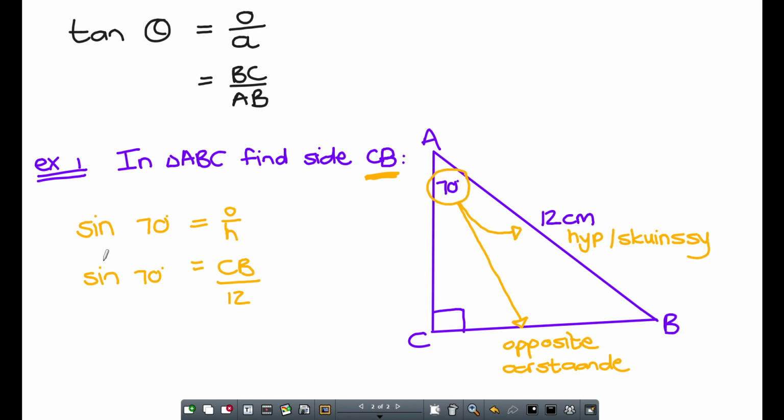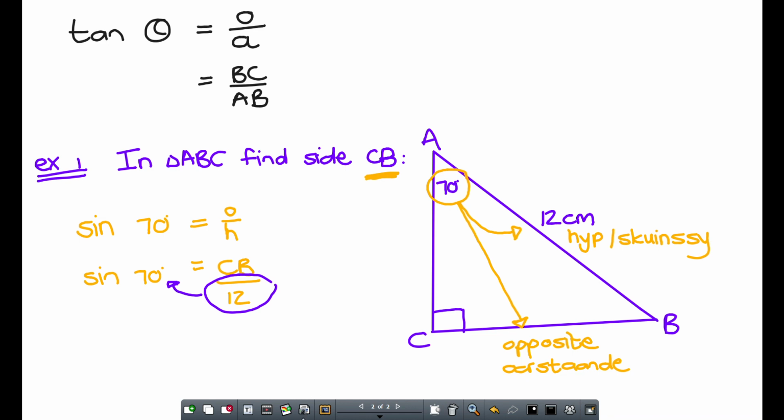Nou wat eintlik hier staan, daai sin 70 is een ding. Jy kan nie hulle tweeetjies opsplit nie. Okay. Goed. So hier staan ons CB divided by 12. So if I wanted to move that to the other side, what would I then say? Times 12.